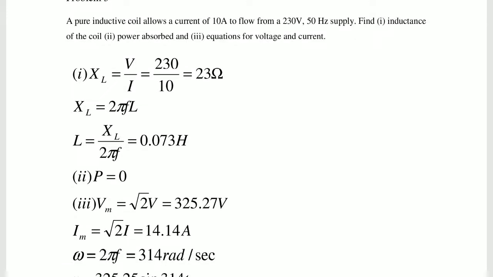In a similar way, Im is equal to root 2 into IRMS. Here IRMS is 10 amps, obviously. Root 2 is 1.414, so 1.414 into 10 is 14.14 amps.